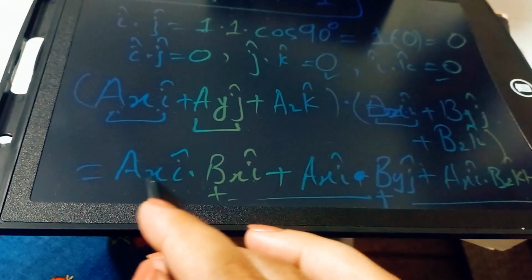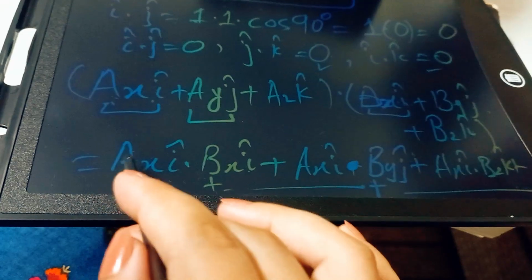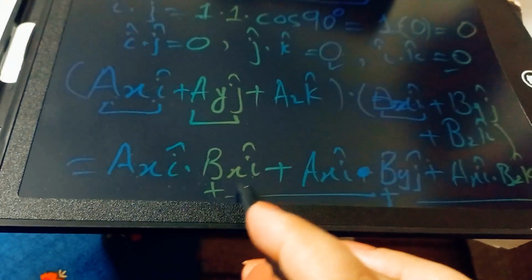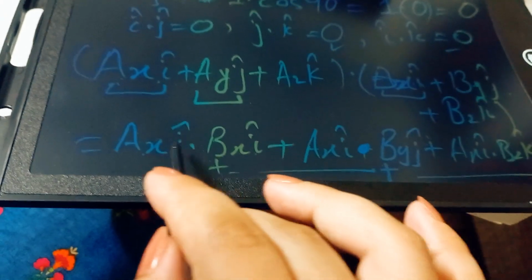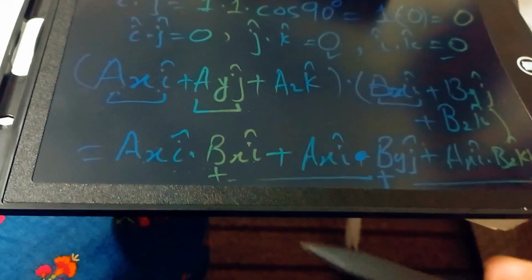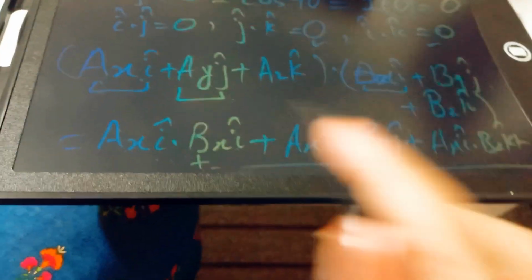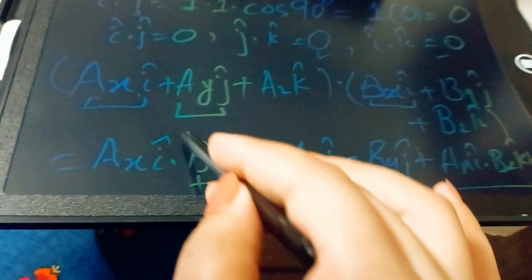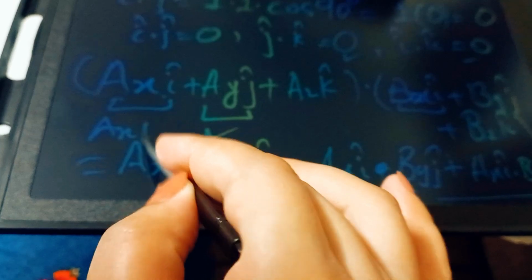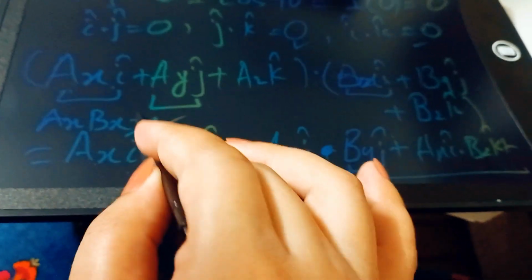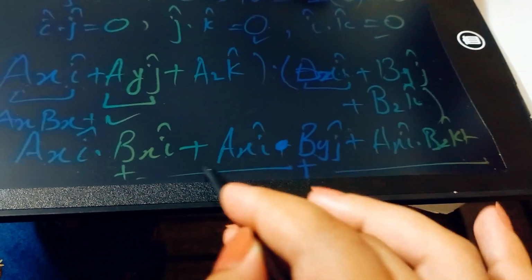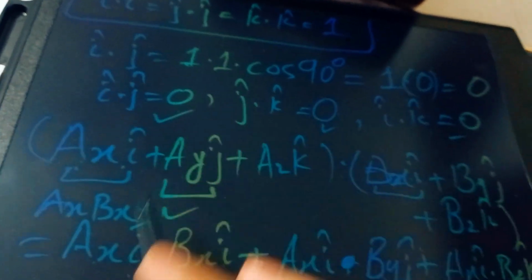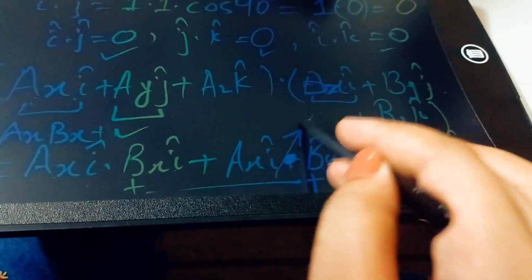So you will see ax, bx are simply scalars, so they will come outside. i hat dot i hat is the main vector here. So vectors will decide what the final result will be. So i hat dot i hat will result in 1. That is why it remains here with ax bx plus sign. Then we have ax by, they will come outside. i hat dot j hat, we know that i hat dot j hat is equal to 0. That is why it will result in 0.